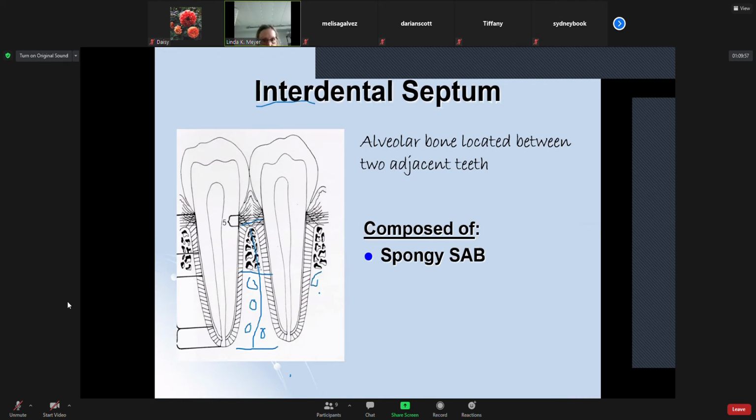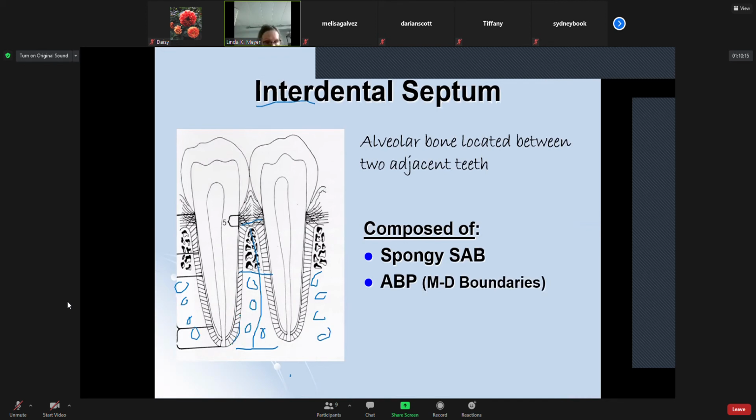Now, all of this is spongy right there. And then I just want you to see that on either side, its mesial and distal boundaries are alveolar bone proper.